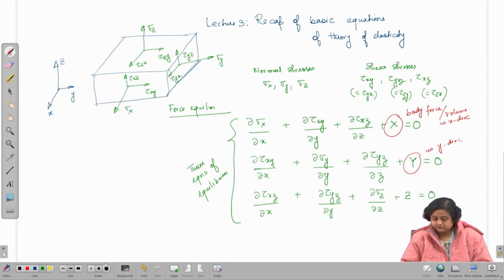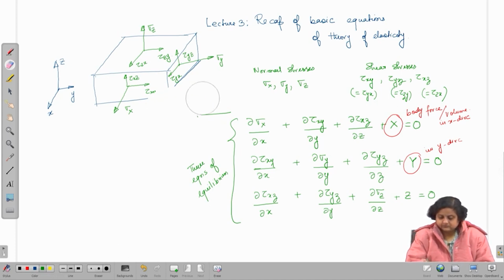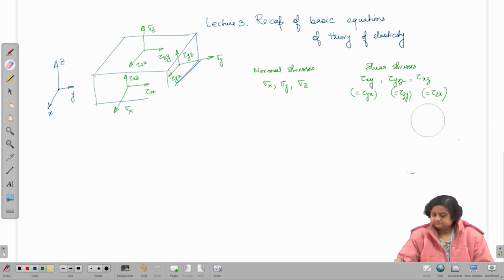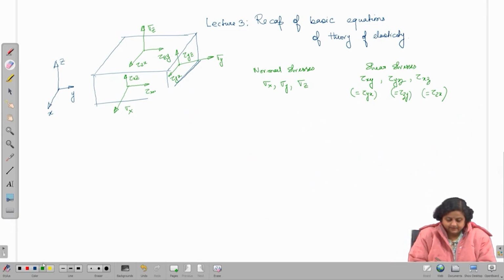So, let me just erase this off. And let me draw the tetrahedron.